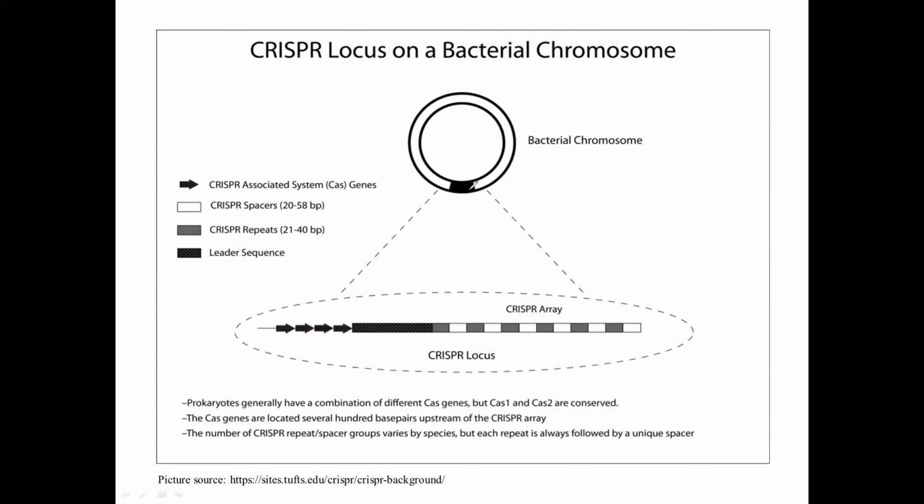That is the reason some bacteria have evolved this CRISPR system. If you take this CRISPR locus, you will see that it contains all these elements. It will contain the Cas genes, which code for the Cas proteins like Cas9, Cas12, Cas13, Cas1, Cas2.